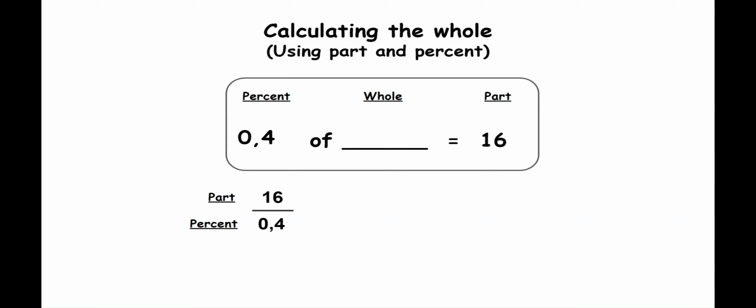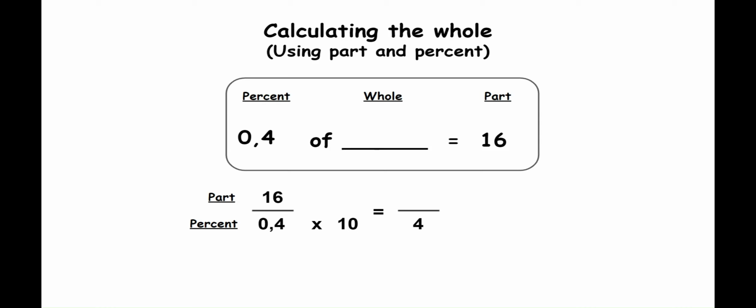And to make our problem easier to solve, let's extend the fraction so that the denominator 0.4 becomes 4. So by what amount did we need to multiply 0.4 by to equal 4? That's correct. We needed to multiply by 10.